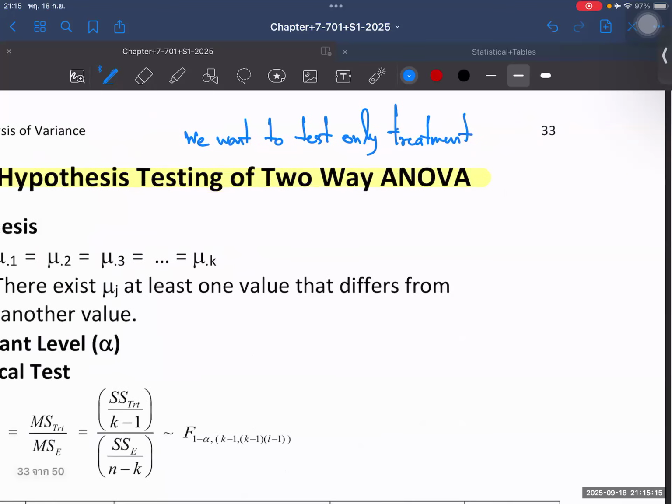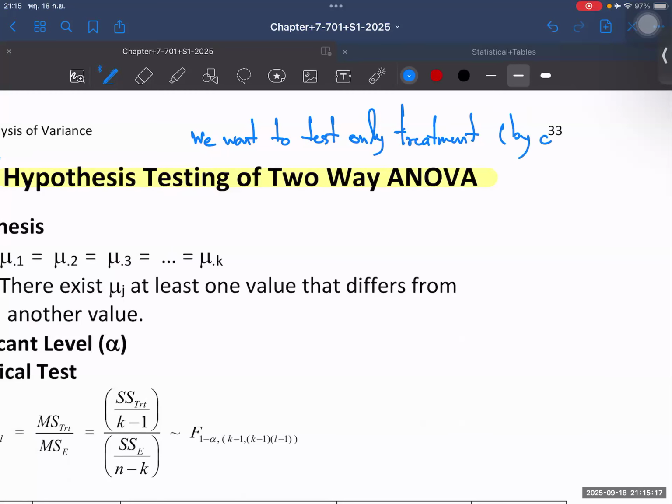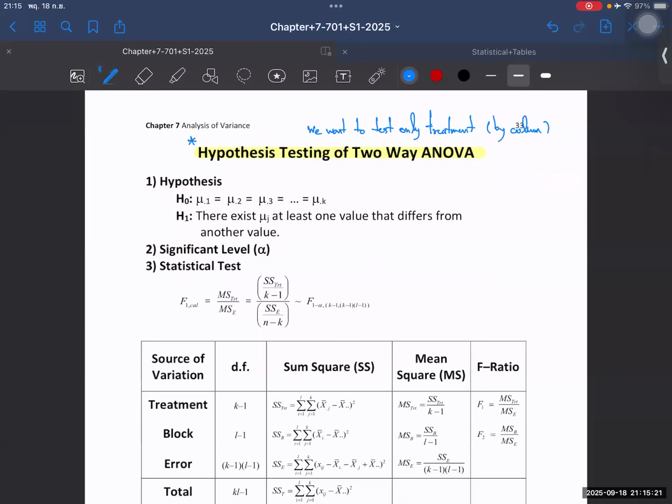By the column, for this course, we set up the hypothesis mu1 equal to mu2 and so on to mu k. And for the alternative hypothesis, at least one mu j is different from another value.